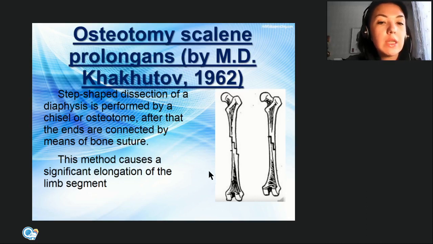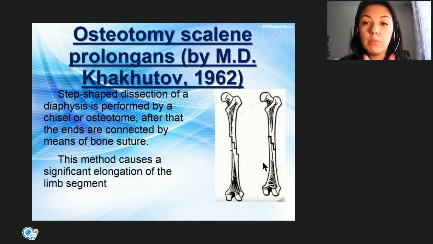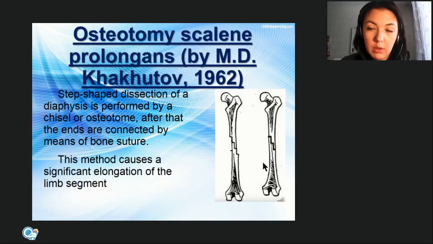This method causes a significant elongation of the limb segment. I want to draw your attention that many of these surgeries, like this one, are interesting for us just historically, because nowadays we have much more contemporary and comfortable methods. But anyway, we have to know how our great surgeons dealt with such problems in the past.